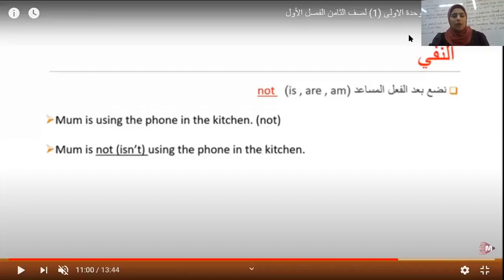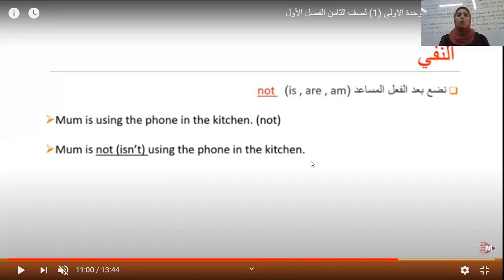Now we need to talk about the negation in present continuous. In any tense or any rule, to negate any sentence, you just add not. But the way of adding not differs from one rule to another. In this sentence, present continuous, Mom is using the phone in the kitchen, I need to add not. We said before that we add not to the auxiliary verb. We cannot add not by itself.